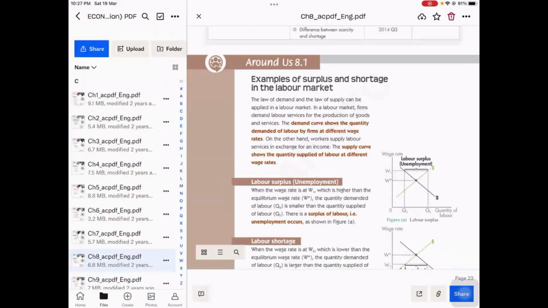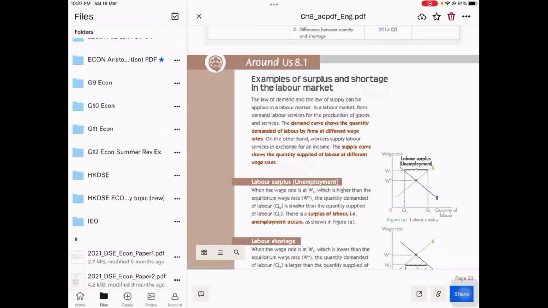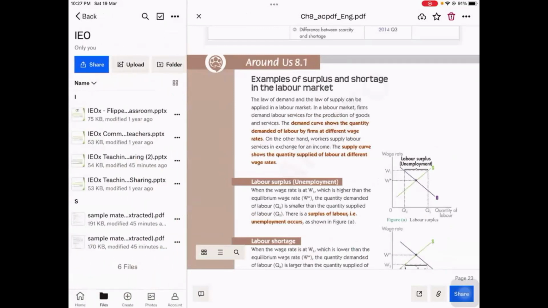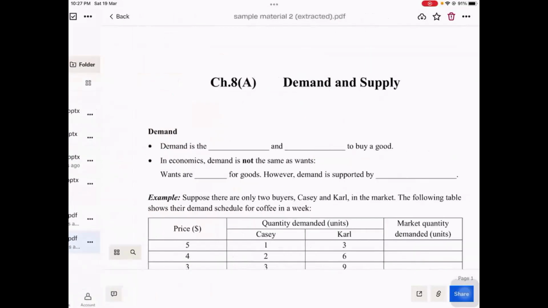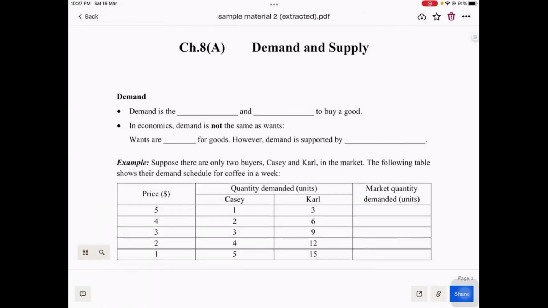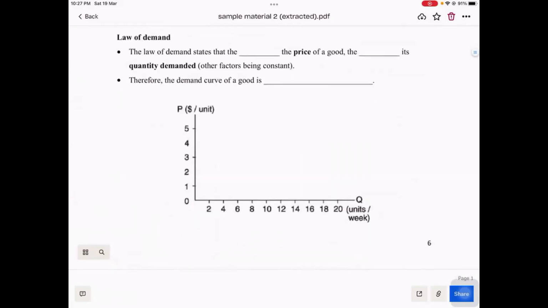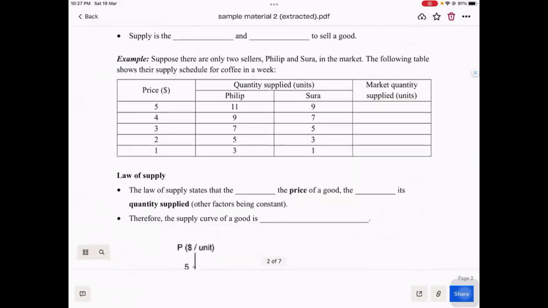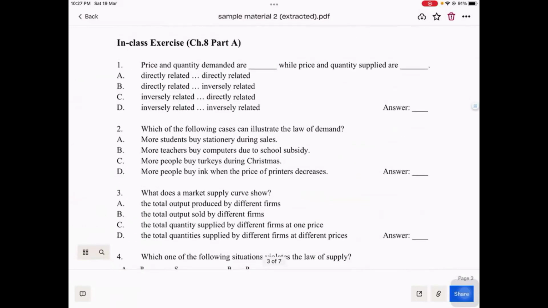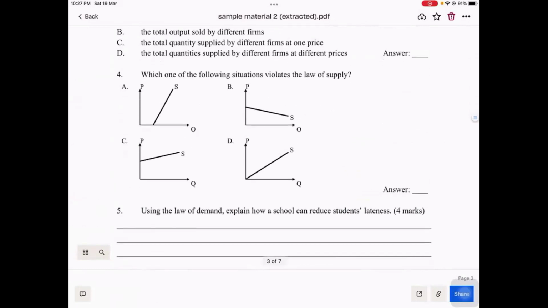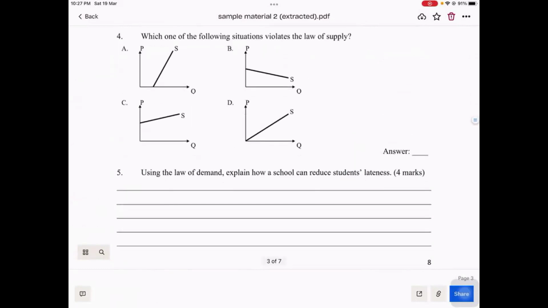But for junior grade students, what I'll do is to break it down into smaller units like this, like part A. Part A is simply the definition, just to let students understand the concept first. And then I'll stop here and do some exercises, like what is the law of demand? What is the law of supply? Very, very simple ones, and how to apply the law of demand and law of supply.